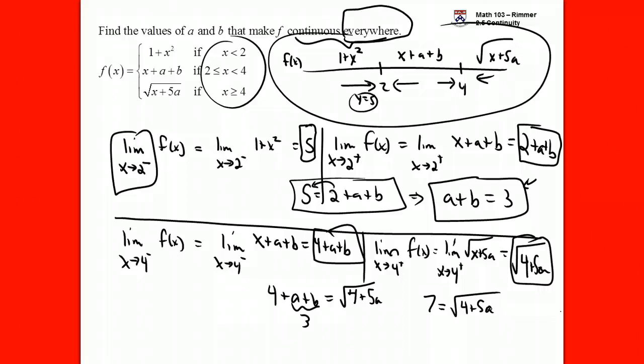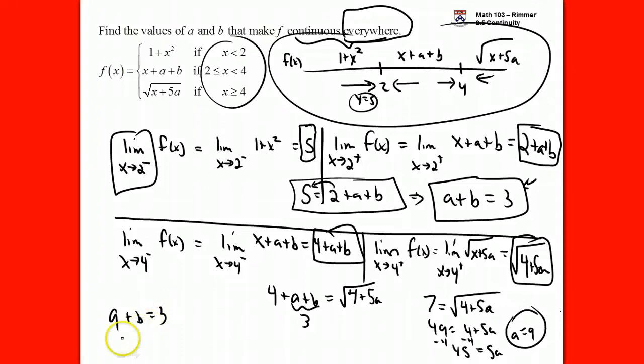And so a better be 9 to make that happen. And if they have to add up to 3, and you already have a 9, the other guy has to be a negative 6.